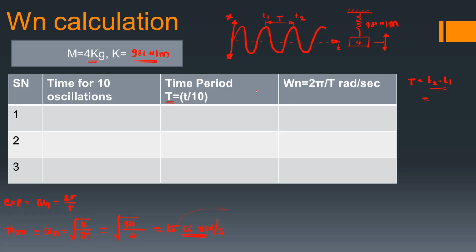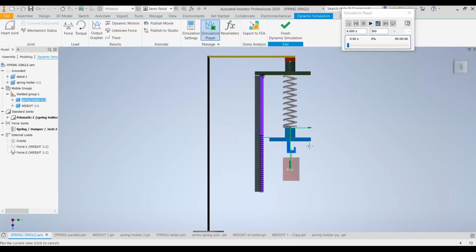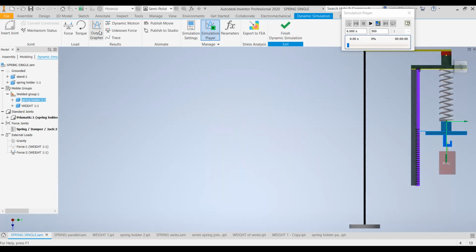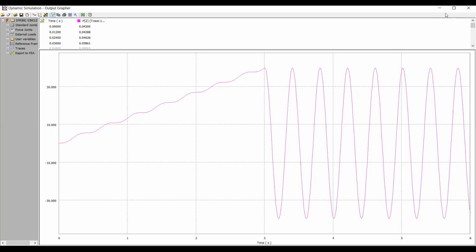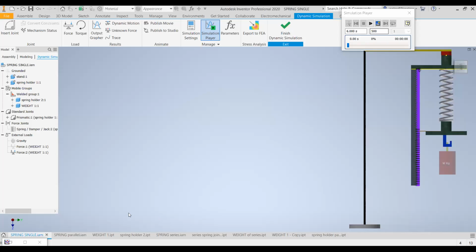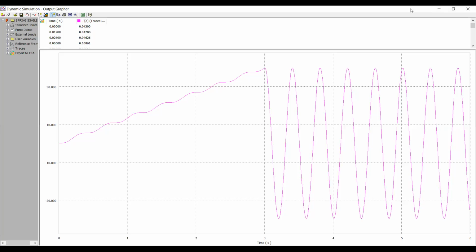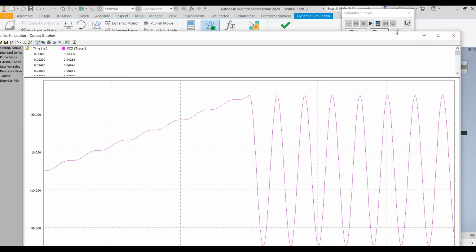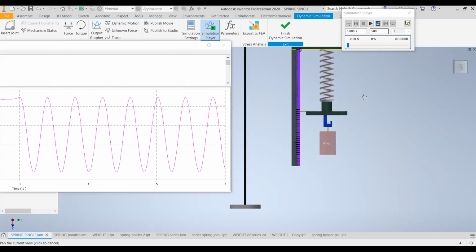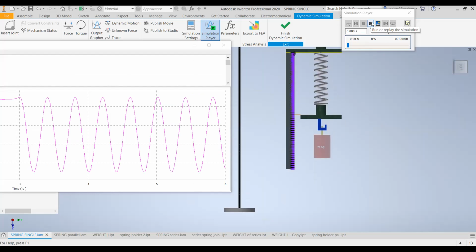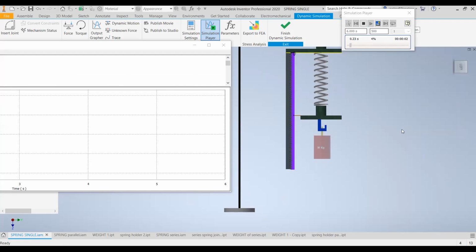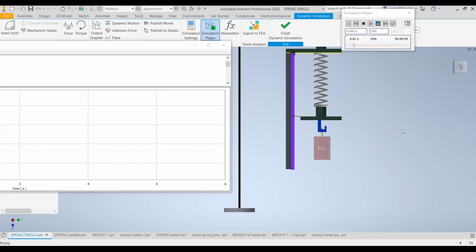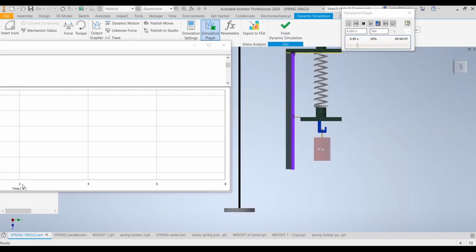You can observe here in the simulation. Up to 3 seconds, if you observe in the graph, we give some initial displacement.